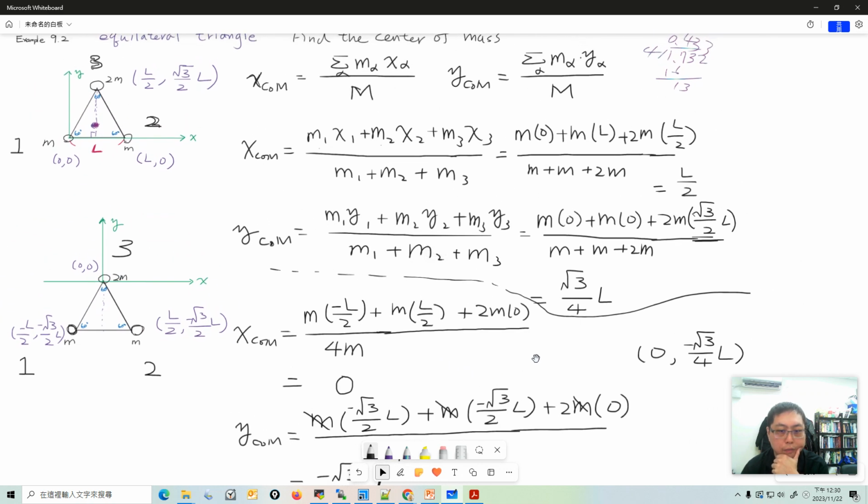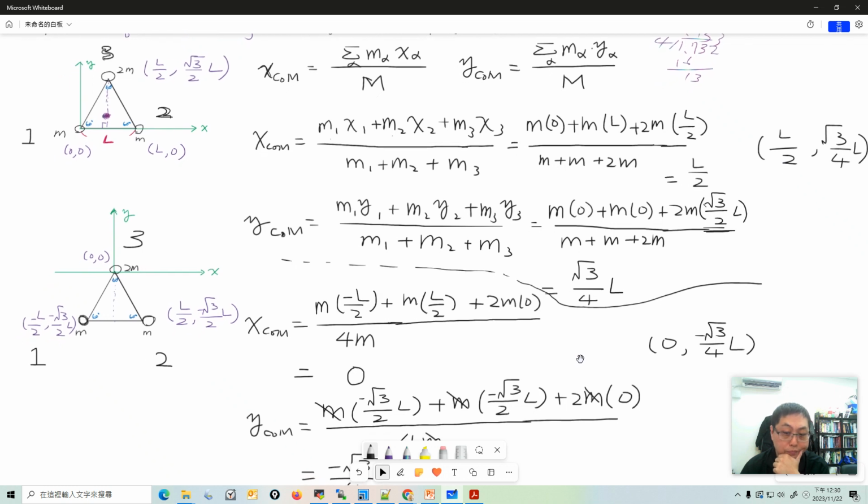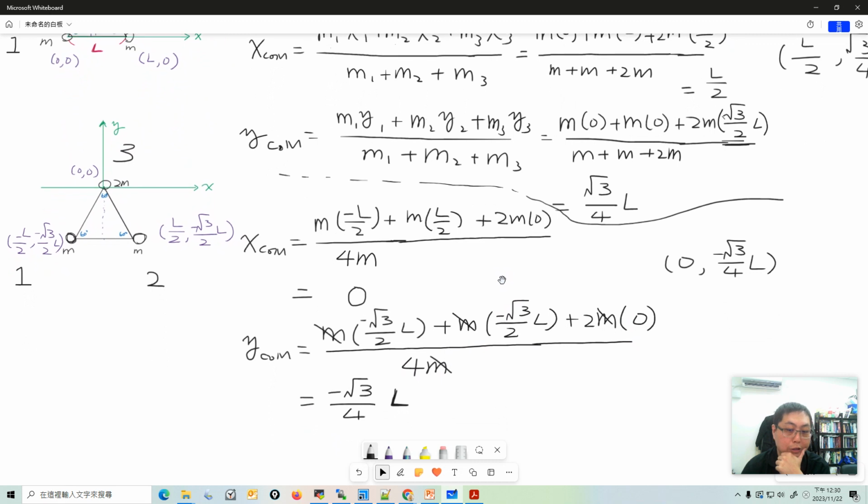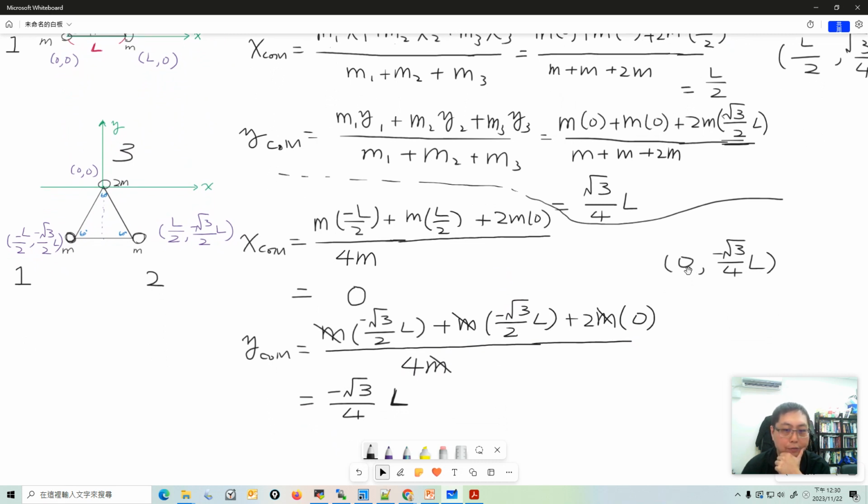The answer is L over 2 and square root of 3 over 4 L. You see the coordinate values are different, but from the system's perspective, the center of mass really doesn't change at all. It's coordinate independent.